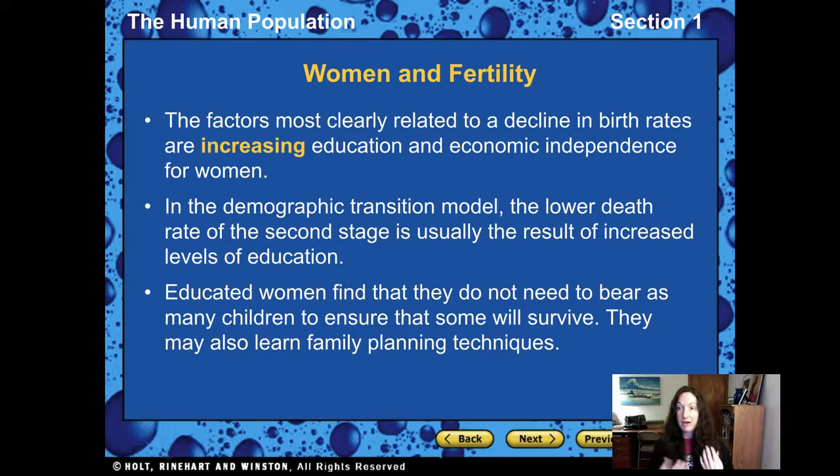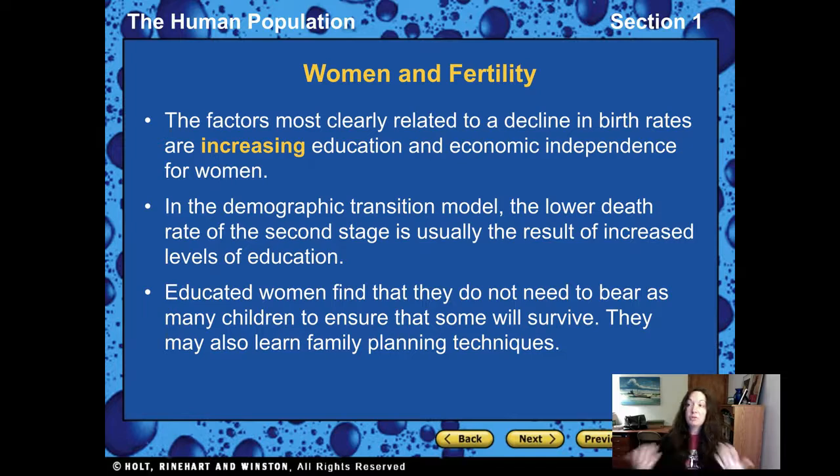So people are more aware of hygiene and nutrition and how to take care of themselves better. Educated women also find that they don't have to have as many children to ensure that some of them will survive. So they have at their disposal family planning techniques. They also have economic independence if the cultural norms of the country allow it.